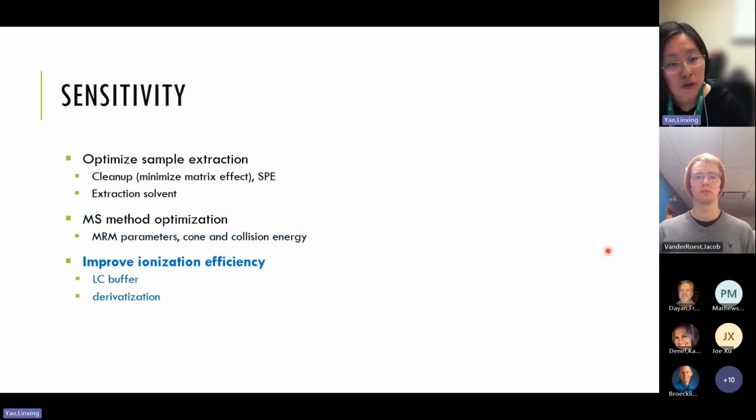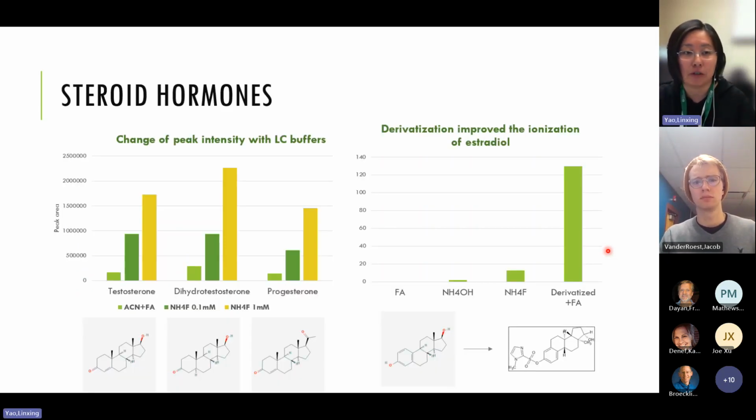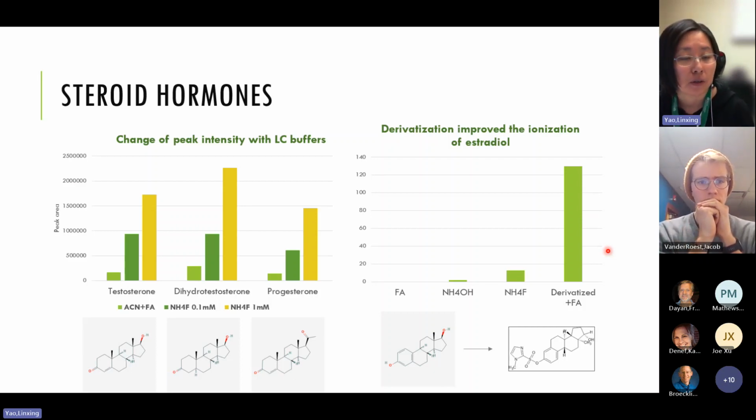We can also improve sensitivity by enabling higher ionization efficiency. This example is a method we recently worked on. This is a group of compounds that belong to the steroid hormones.